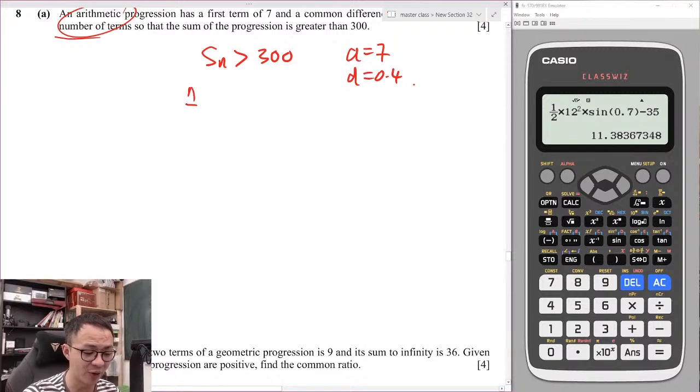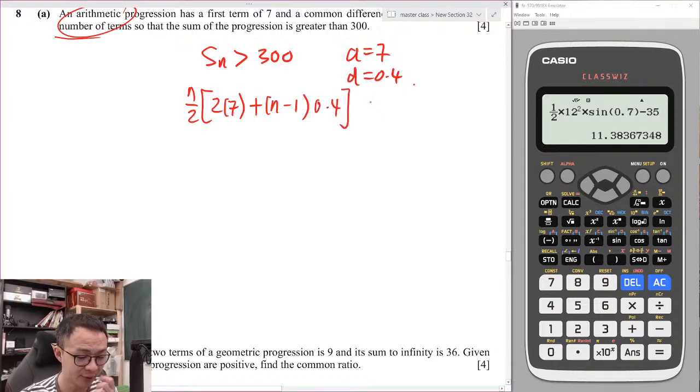So it's just n over 2 times 2a plus n minus 1 d, 0.4, is bigger than 300. Yeah, kind of need to solve it. Okay, this is multiply in, again, and you have 0.4 multiply n.